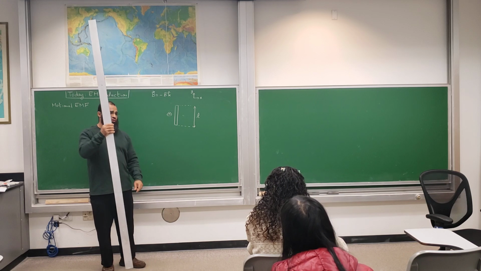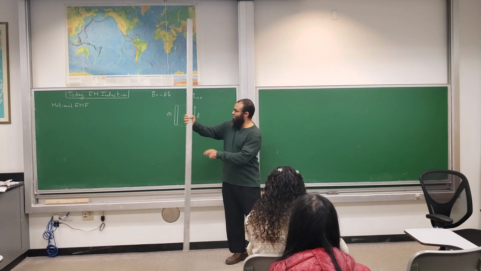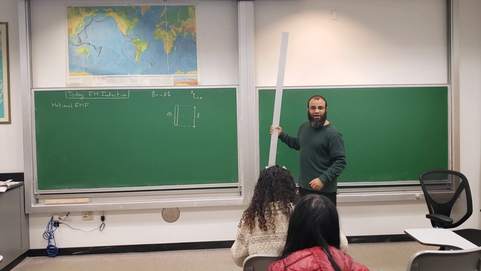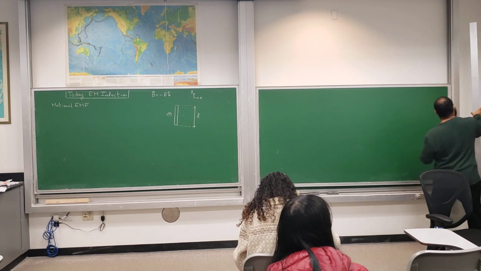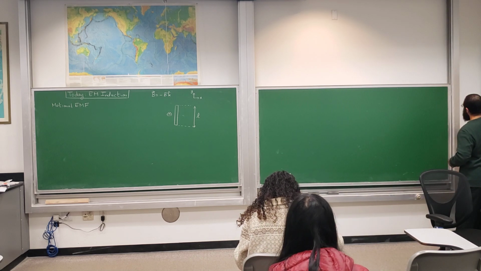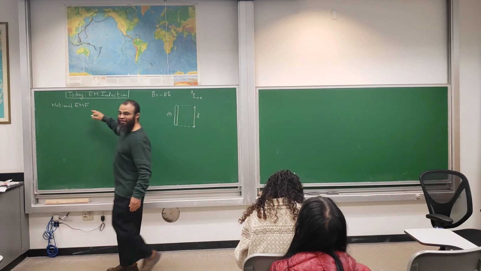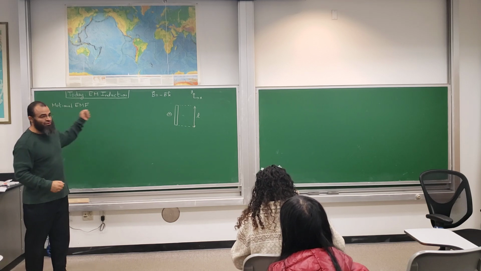So imagine now I pull this way. As I carry this conducting rod to the right, we ask what happens. That's the motional part, motional EMF. It's EMF that's created because of the motion.